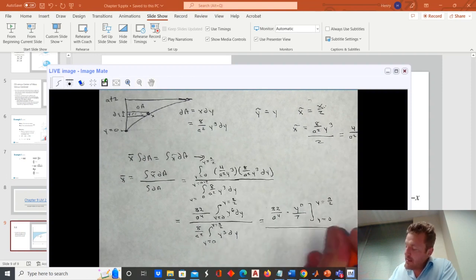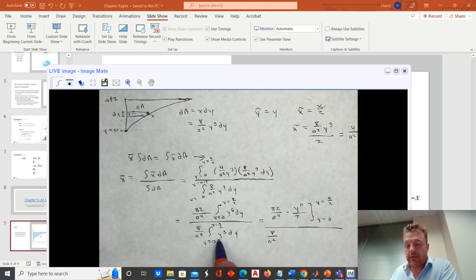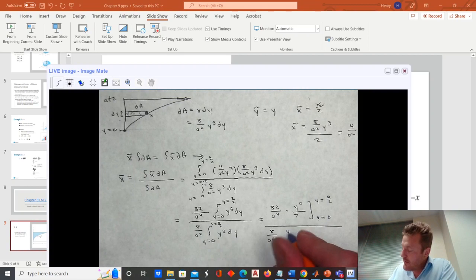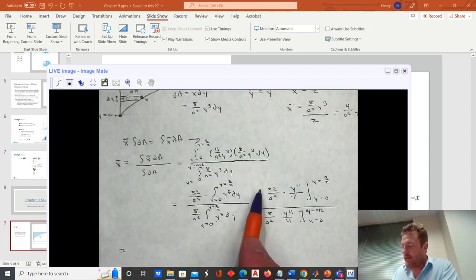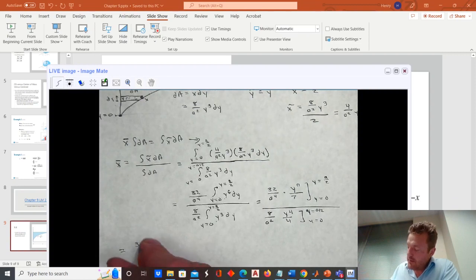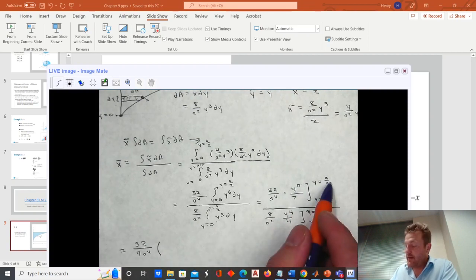In the denominator, we're only integrating y cubed, so I still have my constant, 8 over a squared. The antiderivative of y cubed is y to the 4th divided by 4, and I'm going to evaluate that from y equals a over 2 to y equals 0. I'm going to clean up the numerator a little bit and pull that 7 out. It's going to be 32 over 7, a to the 4th, and y to the 7th evaluated at a over 2.